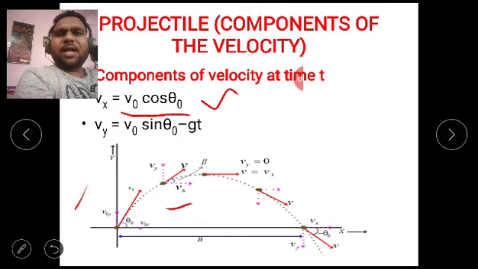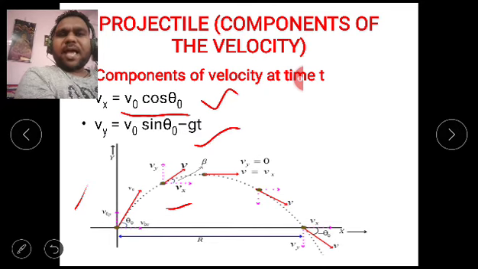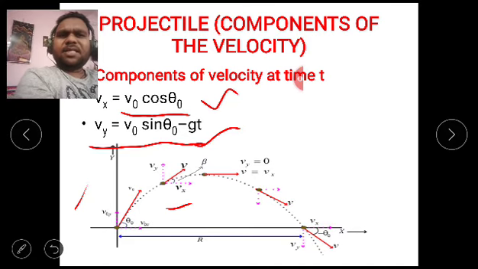Now we will talk about the vertical component of the velocity, vy. We know that the acceleration due to gravity is occurring downwards. We know that v is equal to u plus at. So u is v0 sin theta 0, and a is equal to minus g. So we get the vertical component of velocity vy equal to v0 sin theta 0 minus gt.